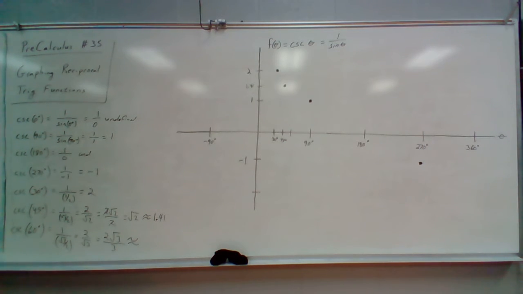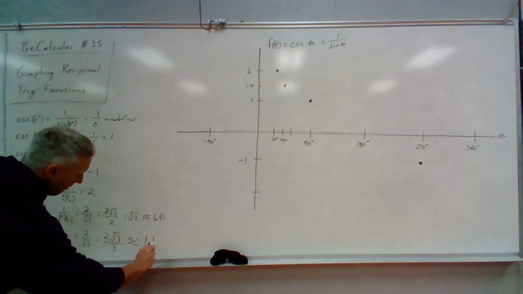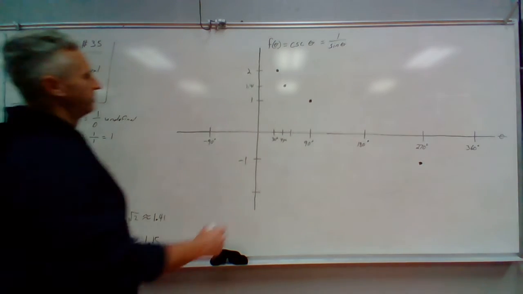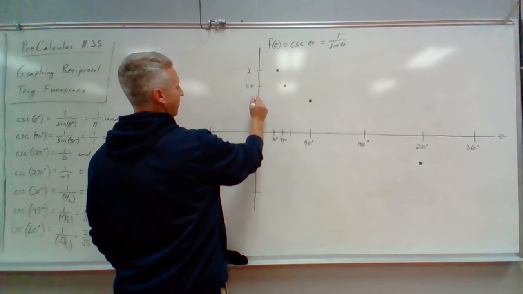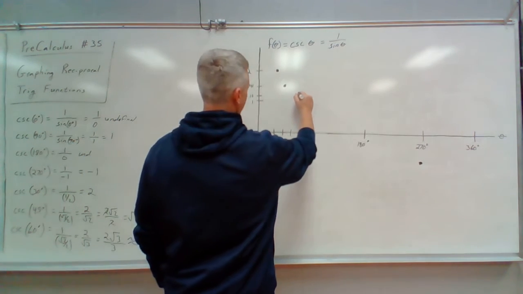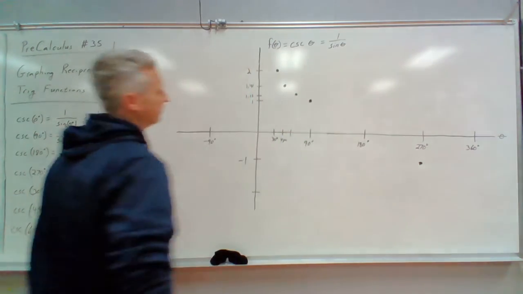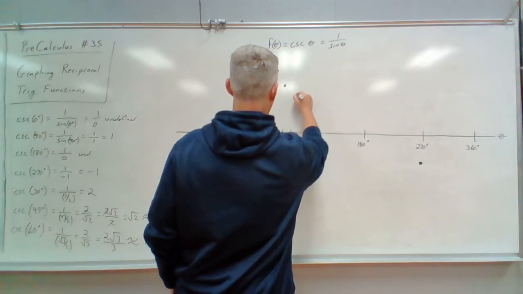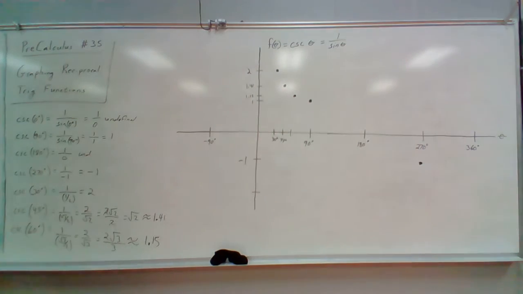So 2 square root of 3 divided by 3 is 1.15. So if we plot that, get that value. All right, so that's starting to give us an idea.